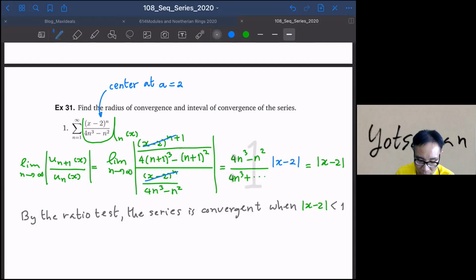So the absolute value of x minus 2 is smaller than 1. So the radius of convergence is going to be equal to 1. That is the radius of convergence. So how could we find the interval of convergence?